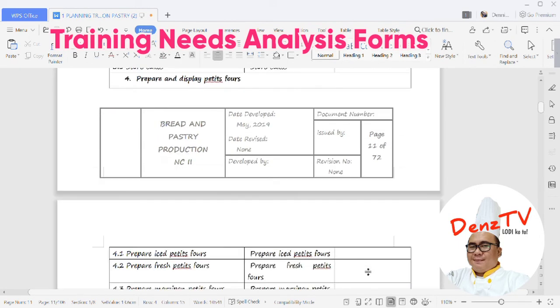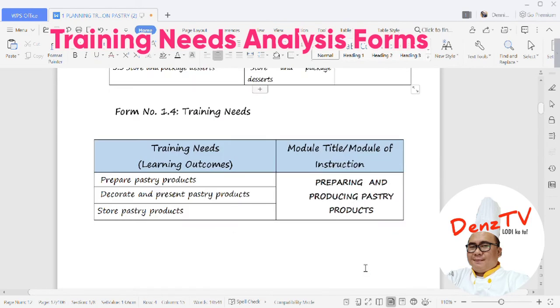Clear? And the last one is the training needs. You have already identified the current competencies versus the required competencies. Now you can identify the training needs. Of course, the training needs or the learning outcomes and the module title or module of instruction.